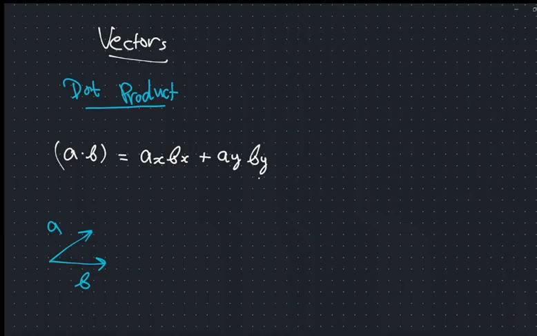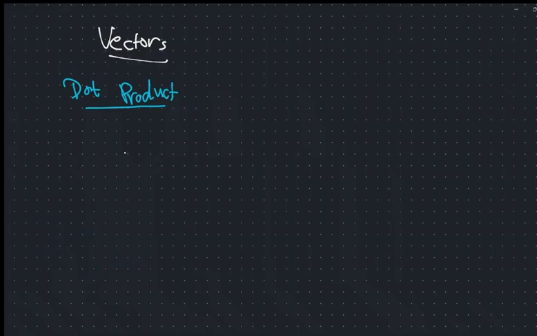And in case we had a third dimension, a z dimension, we will add az bz as well. And if there is a fourth dimension, we'll add that as well, but we don't have it in reality. A fourth dimension is time. So we can summarize the equations.